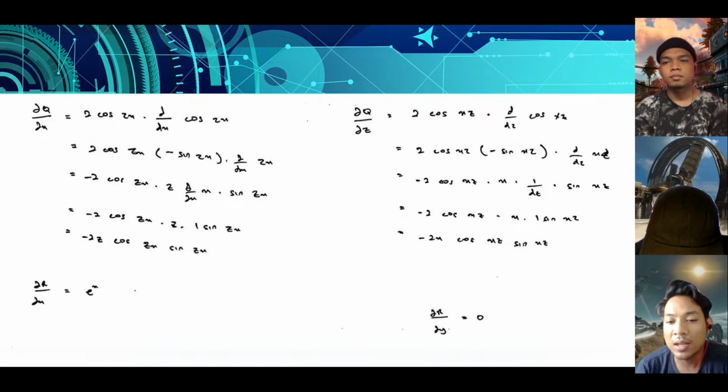And finally we get negative 2x cos xz sine xz.